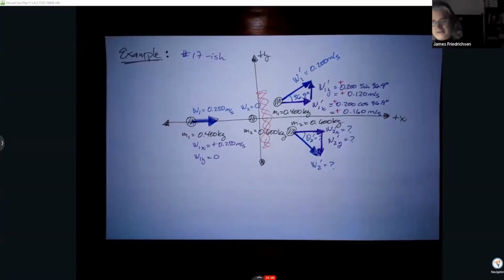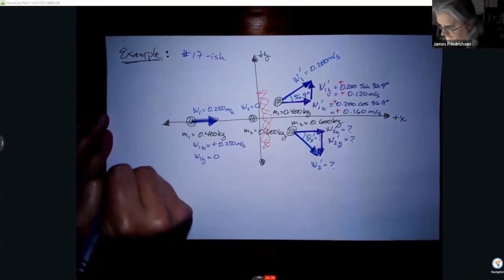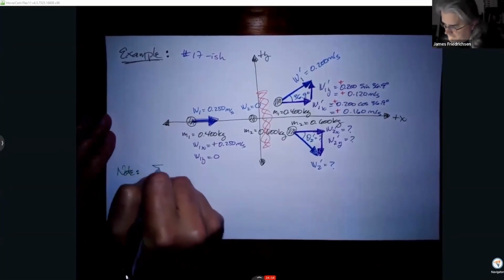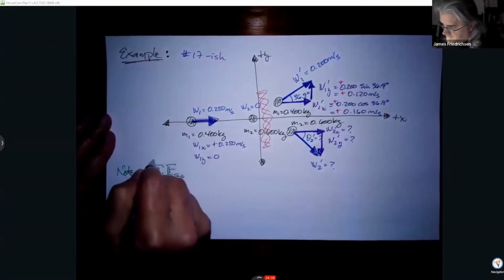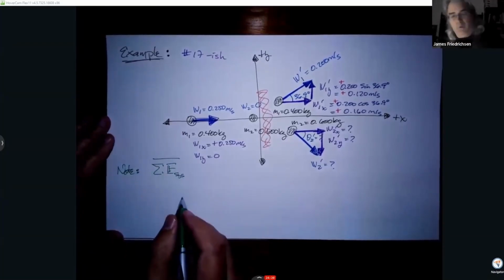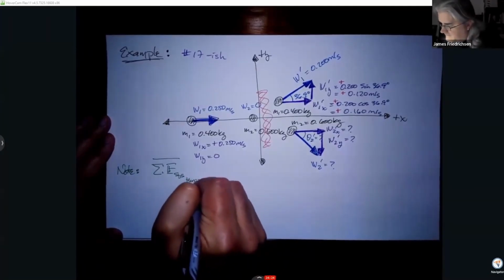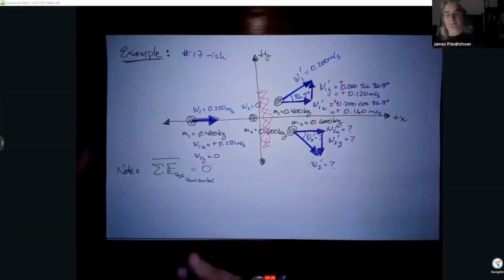Now, what we can note is that the net average force over the system in the horizontal direction is going to be 0.